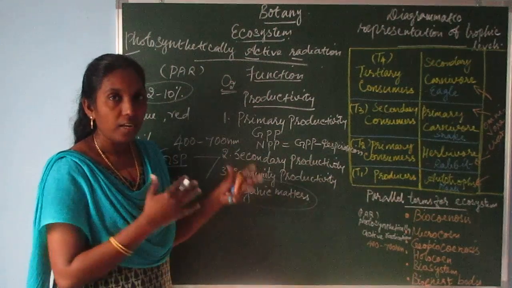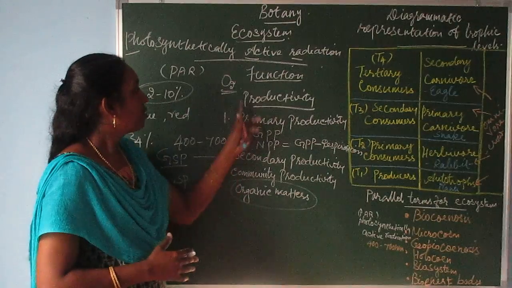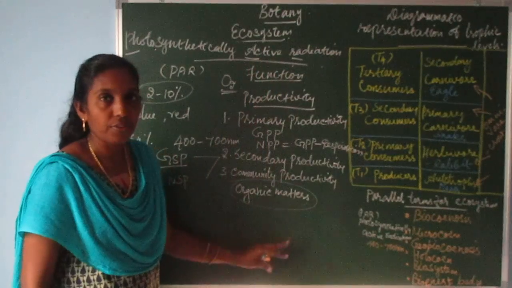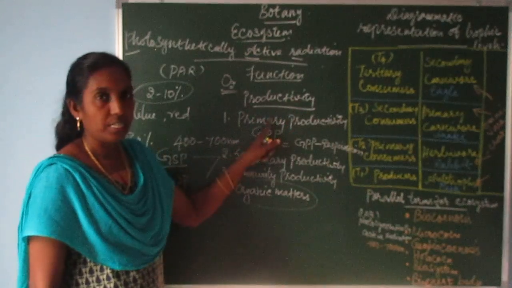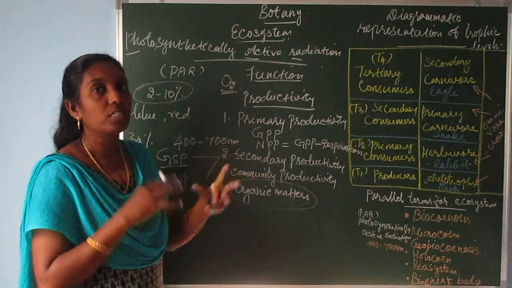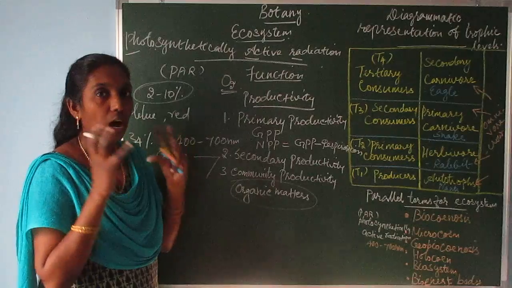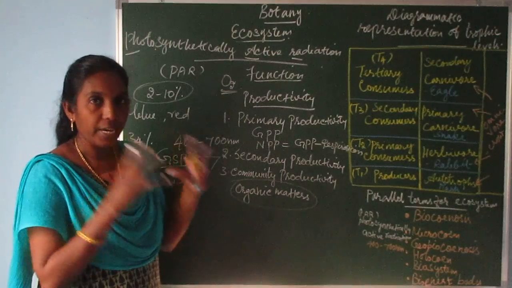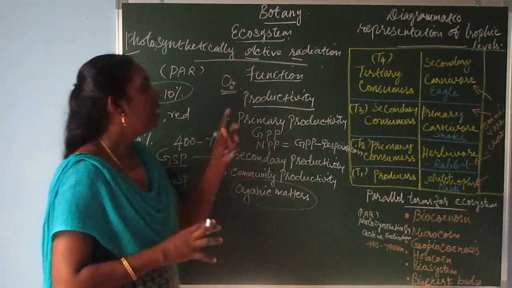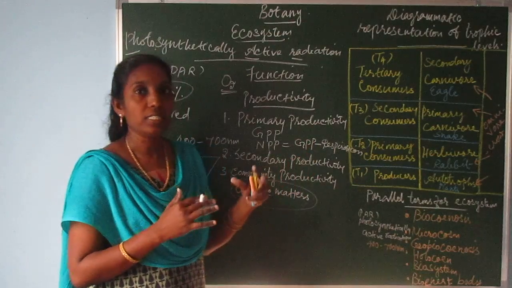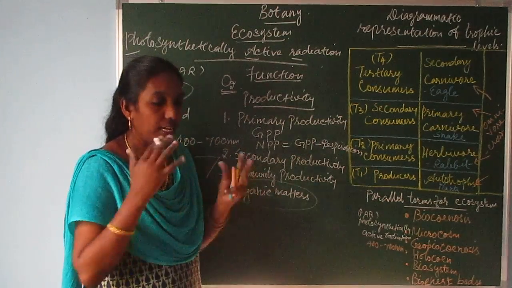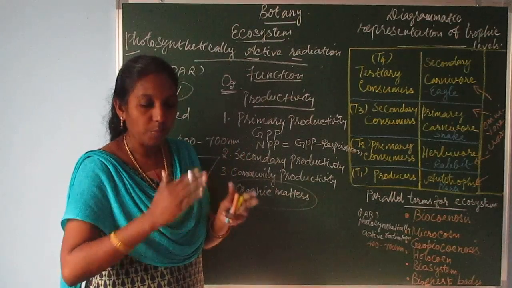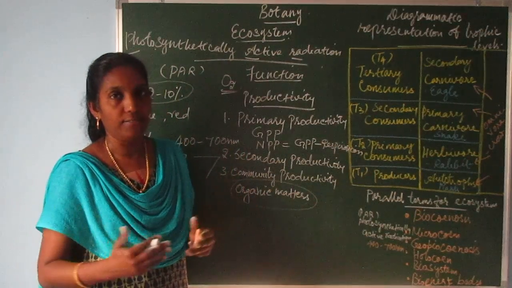Production can be affected. So this is the functions of ecosystem. Functions which include productivity, the net gain or the gross amount, the total amount of energy which is stored in the plants as well as in the ecosystem, which can be utilized, and that energy is passed through different trophic levels.